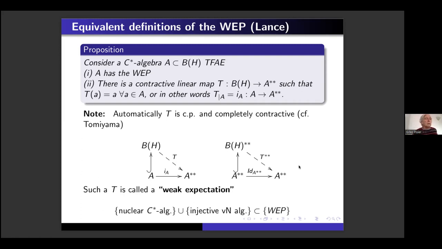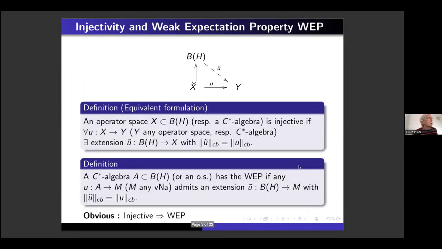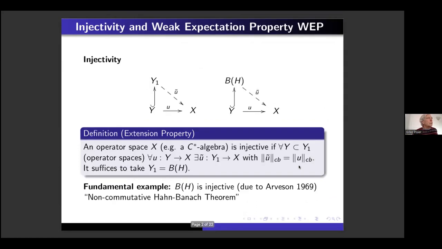So you see, that's nice, because here, of course, I assume that you know this. When we have the extension property, for our space X, if we take for U the identity of X, this is the classical observation, then U tilde will be a projection of B of H onto X of CB norm 1. And this formulation, of course, is equivalent to injectivity.